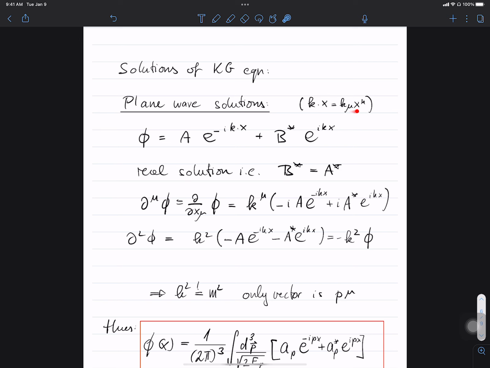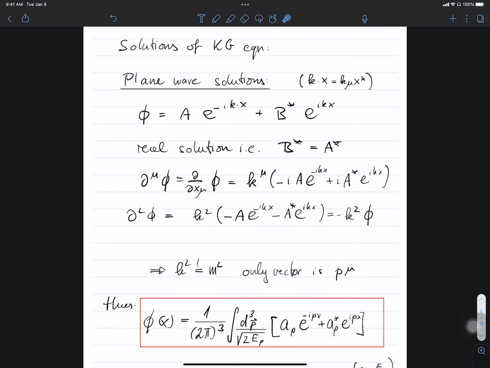And here again, double index summation is assumed, we sum over space-time indices. So there are 4 components in this sum. And we have a times e to the minus ikx plus b star e to the plus ikx. We want the solutions to be real for now, because we are looking at the real quantum field.